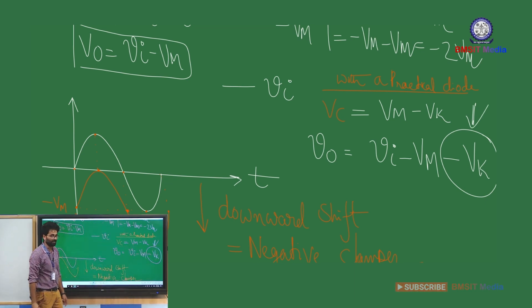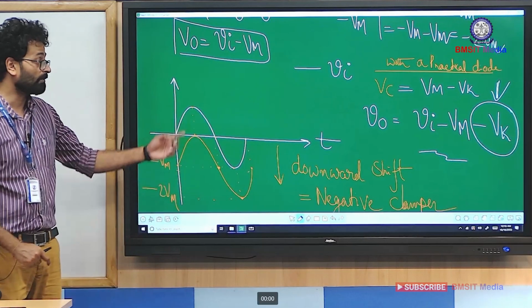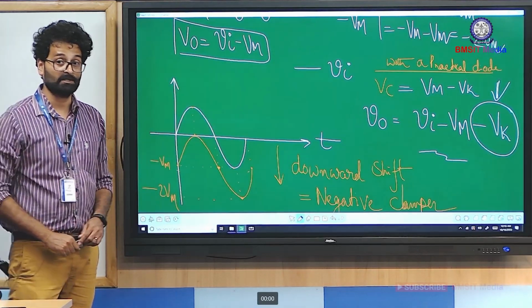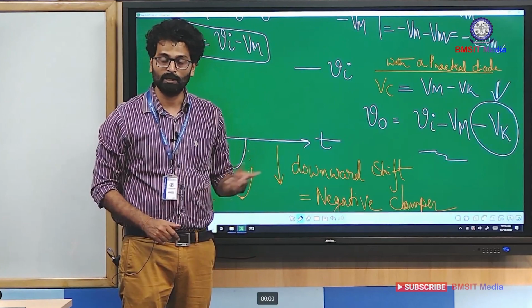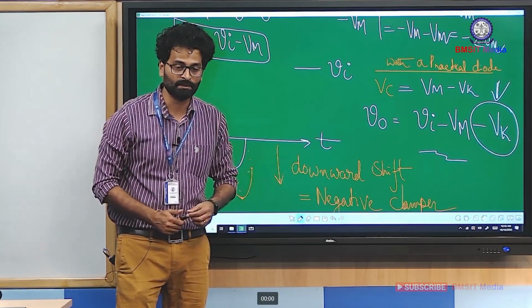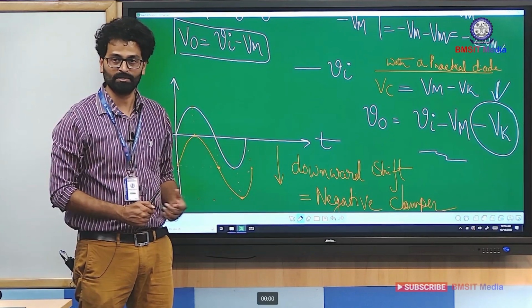This you have to bring in, and once you bring in this Vk, you'll be able to proceed. So please try it out with a practical diode as well. I have written the equation. Try completing the waveforms.